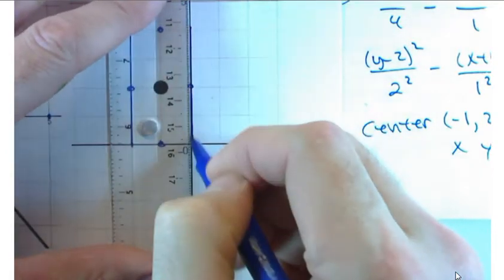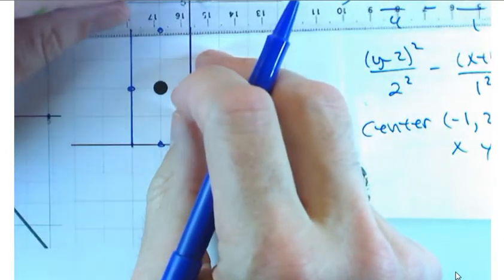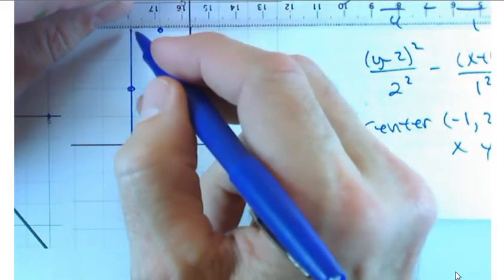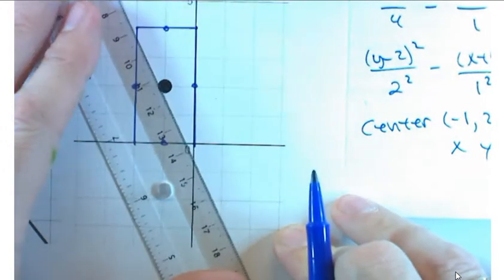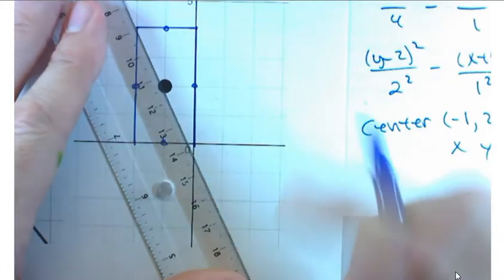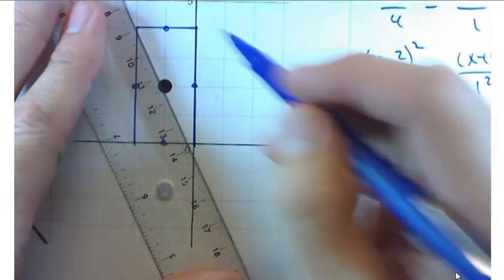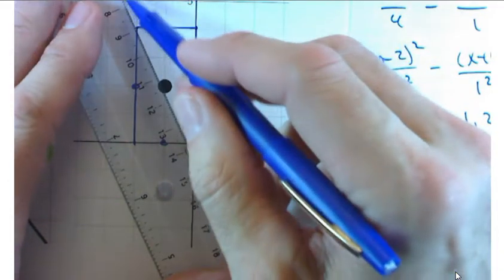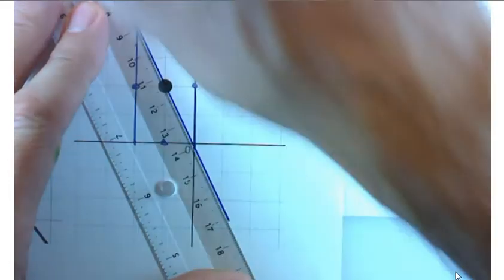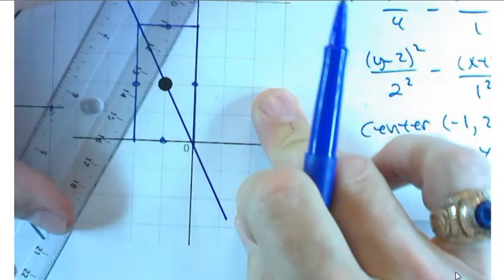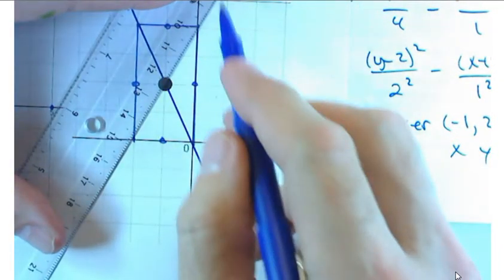So those, and hey, that's cool. We can use the x-axis as one of our lines. Rachel, which way is this going to open? Left and right or up and down? Up and down. Good. It's going to be kind of a narrow hyperbola. That's all right.